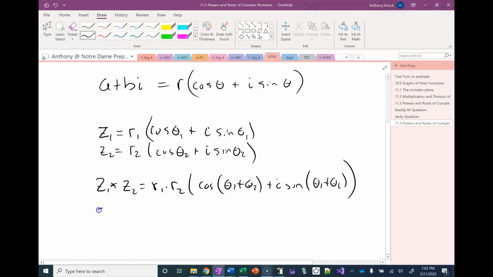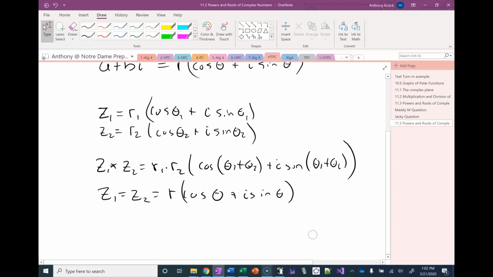So what if I say z1 is equal to z2, where both of them are just r times cosine theta plus i sine theta. If I do z1 times z2, if I call that number just z, I'd have z squared.